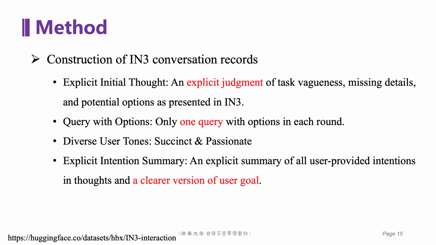And finally, we let our trained agent explicitly give a summary of the user intents at the very end of the conversation. This summary is a clearer version of the user goal, and it will help the downstream agent actually carry out this task.